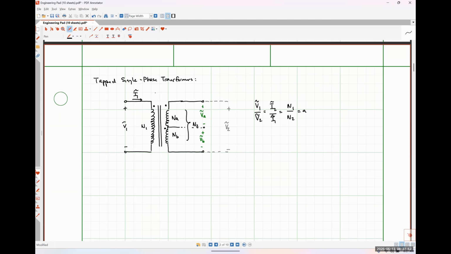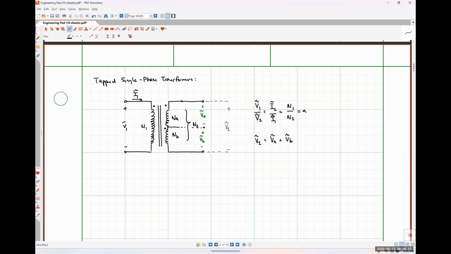But we also know that V2 is going to be equal to that voltage VA plus VB. And essentially, what we are doing is we are splitting that coil, and then the number of turns on each part of that secondary coil are going to tell us how that voltage splits.